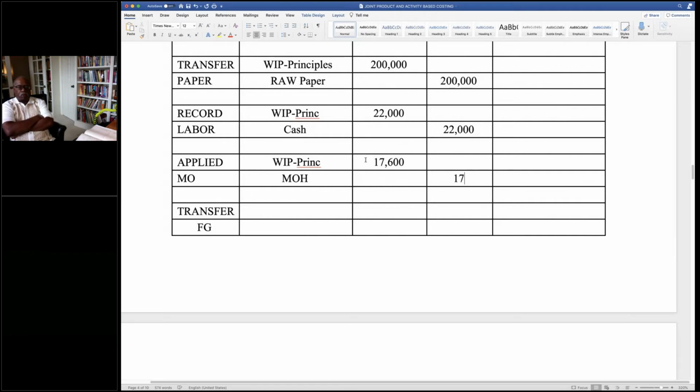Okay, and for the next one, we would do a transfer of finished goods. The way that journal entry is going to look, it's going to be a debit for finished goods principals and a credit for work in process. Oh, wait a second. We have to do our T-charts to get this number.